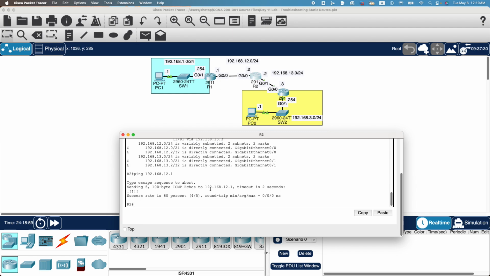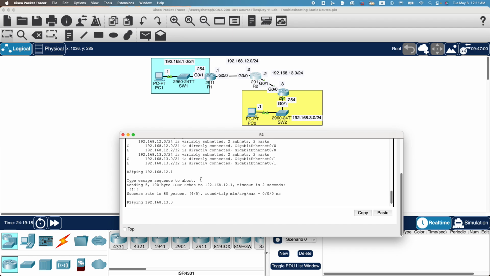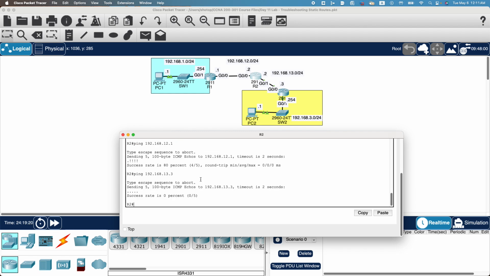Can router 2 ping router 3? So can router 2 ping 192.168.13.3? No. So what is wrong with router 2's connection to router 3?